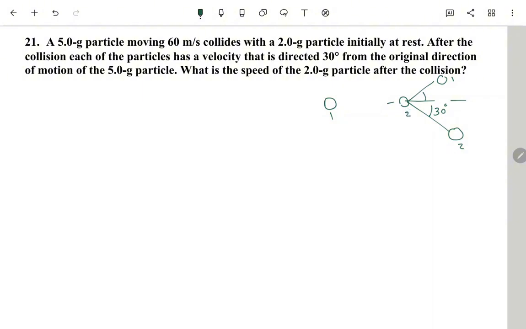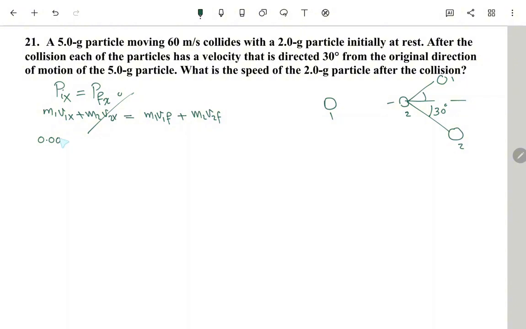Now to solve this, let's use P initial x equal to P final x. So M1 V1x plus M2 V2x equal to M1 V1 final plus M2 V2 final; this one will be equal to 0. Now we substitute the numbers.